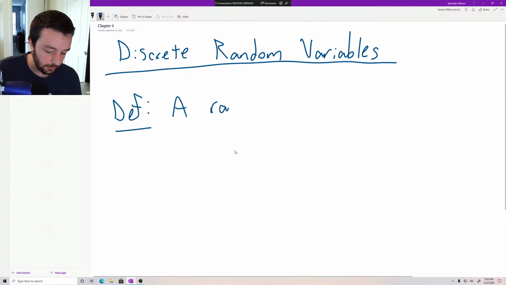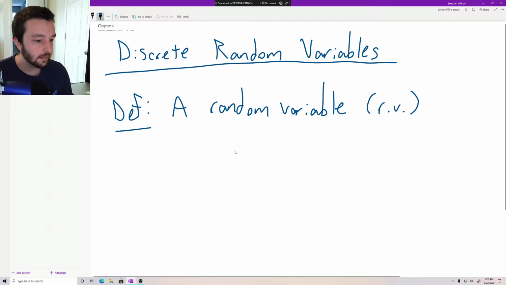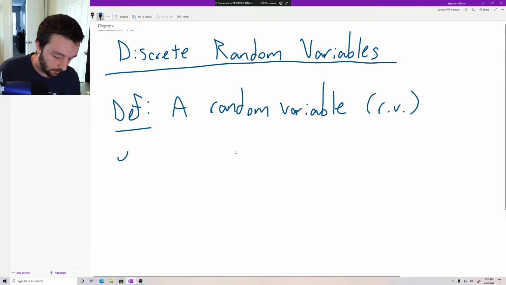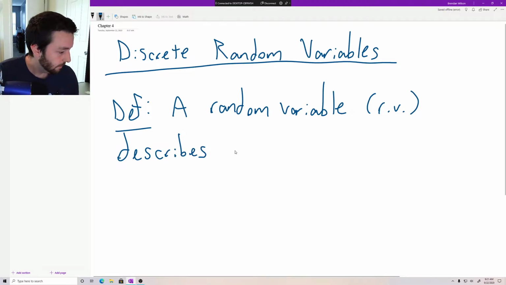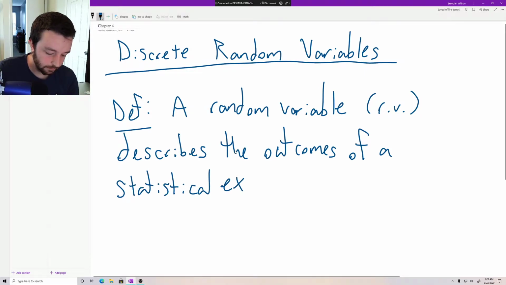So a random variable, which I might often abbreviate RV if we write it a lot, describes the outcomes of a statistical experiment.